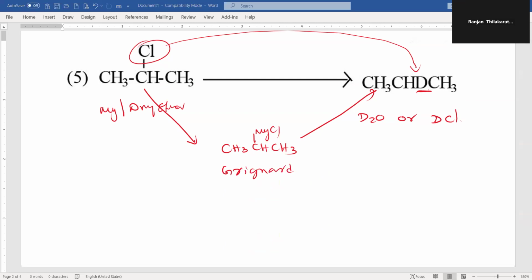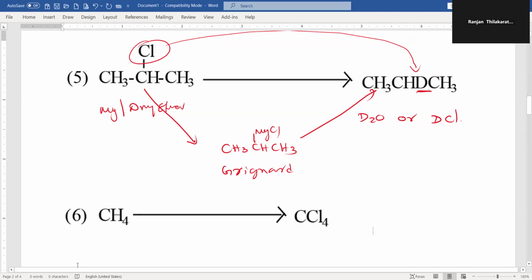Then the sixth one, we need CCl4 from the CH4. For this one, you can simply use chlorine and h nu. h nu means the energy, radiation energy from radiations, or you can use light.